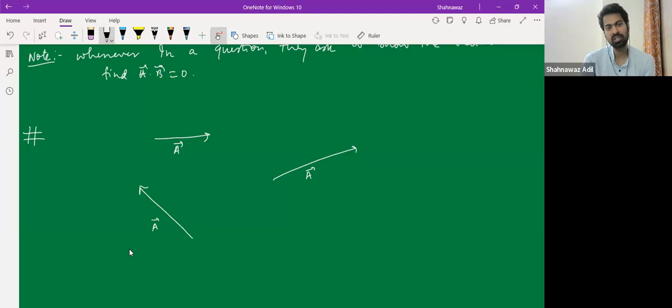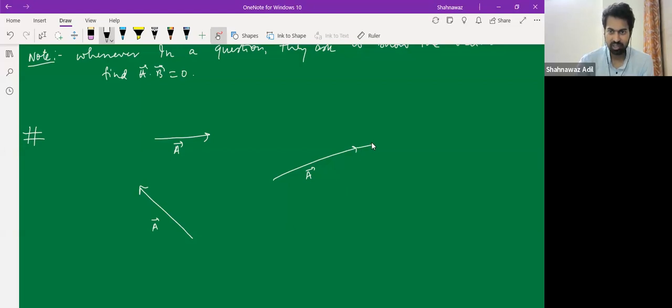So what represents the direction of this V vector? No, not negative, not positive. That would be magnitude. I'm asking about the direction.